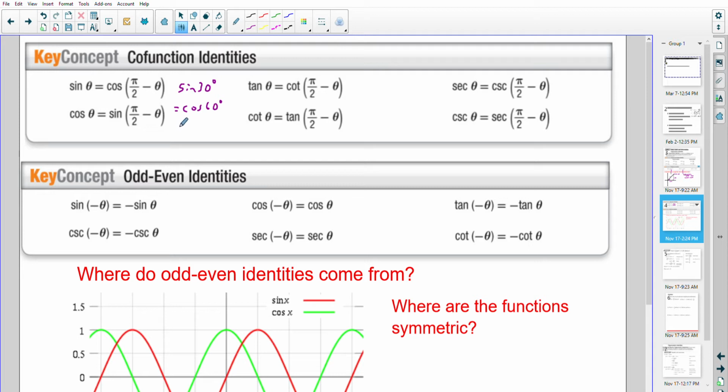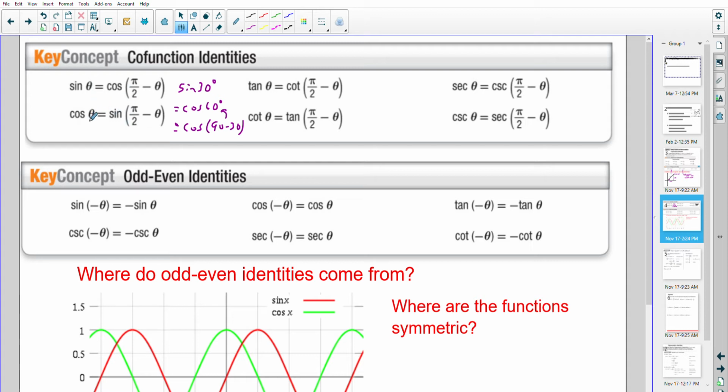Or you could say it's equal to the cosine of 90 minus 30 degrees. And that's how you're getting the sine of an angle is equal to the cosine of 90 minus that angle, which is this one. So you can see the pattern by looking at the table, and therefore the sines and the cosines would go together.